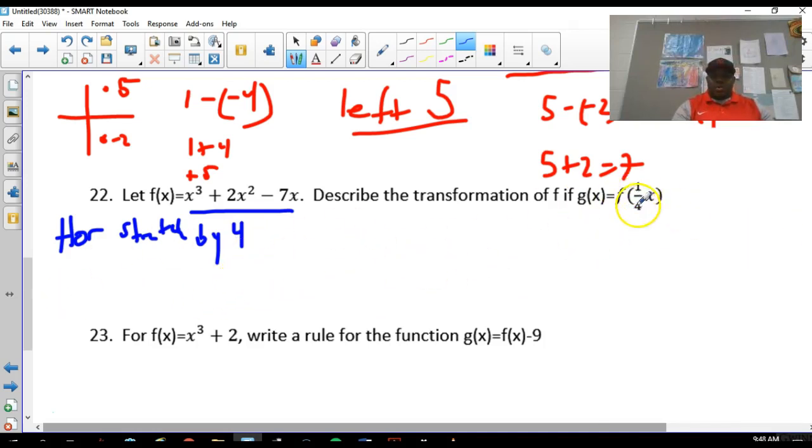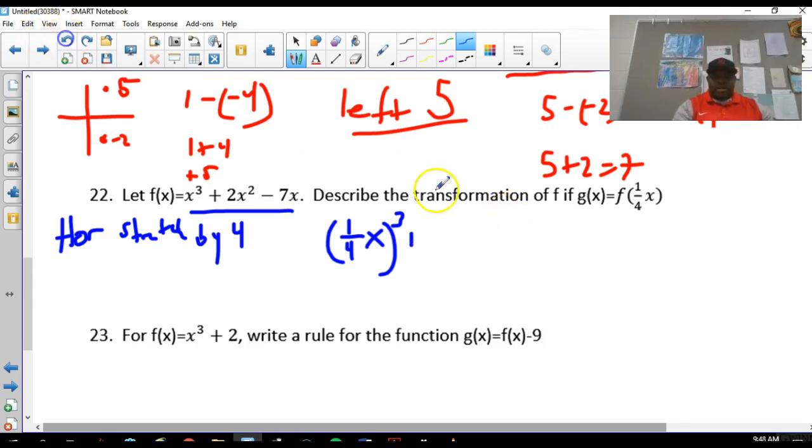Mathematically, you see how this is 1/4 times x? We're going to do that to all these x's, 1/4 times x. So what you get is 1/4 x directly in place of the x. Yeah, that's in parentheses. Now we apply our degree. All right. So 1/4 x cubed plus 2 times 1/4 x squared, minus 7 times 1/4 x.